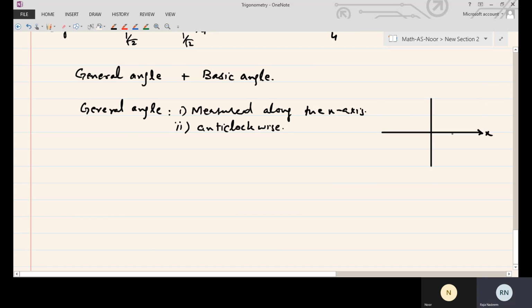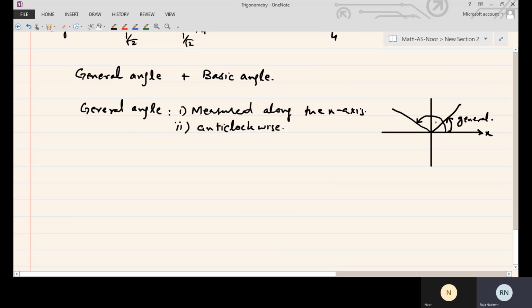So this is the x-axis, so all the angles will be measured with respect to the x-axis. If I draw a line, any angle which lies in the first quadrant, and your direction is anti-clockwise, you put an arrow to show that you are moving anti-clockwise. All the angles measured in anti-clockwise direction along the x-axis are called general angles. You might have an angle in any of the quadrants.